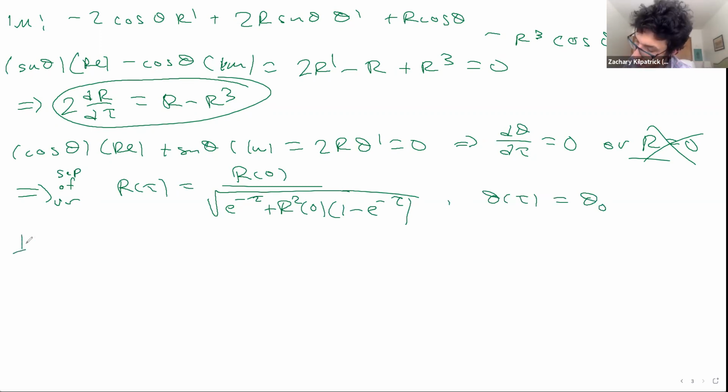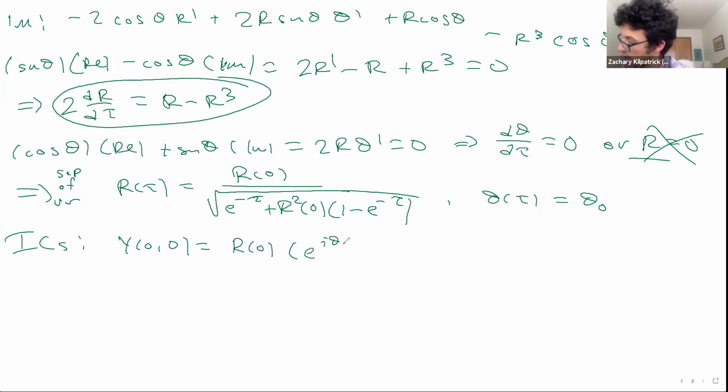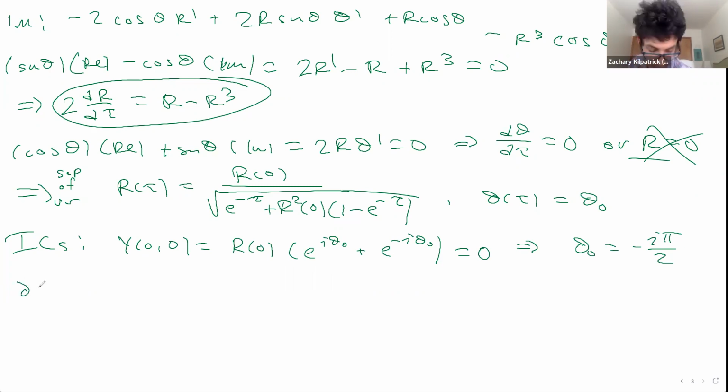Okay. So if we apply our initial conditions, those are that y(0) is equal to r0 times (e to the i theta 0 plus e to the minus i theta 0), that's equal to 0. This is going to imply then that theta 0 is equal to minus pi over 2, and we could also take positive pi over 2.